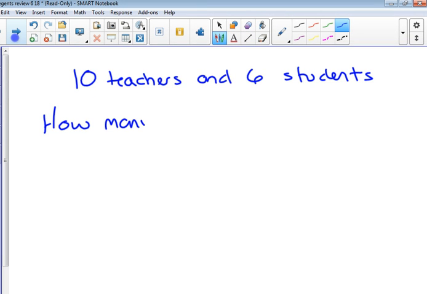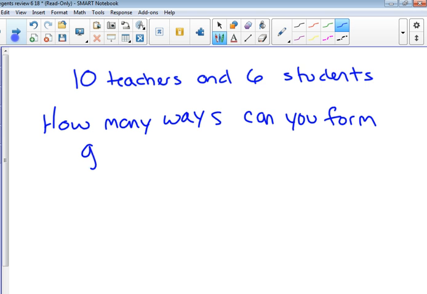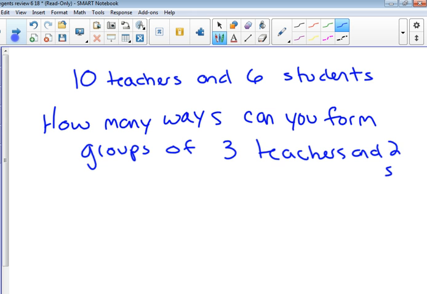How many ways can you form groups of 3 teachers and 2 students? Would this be the multiplying one?